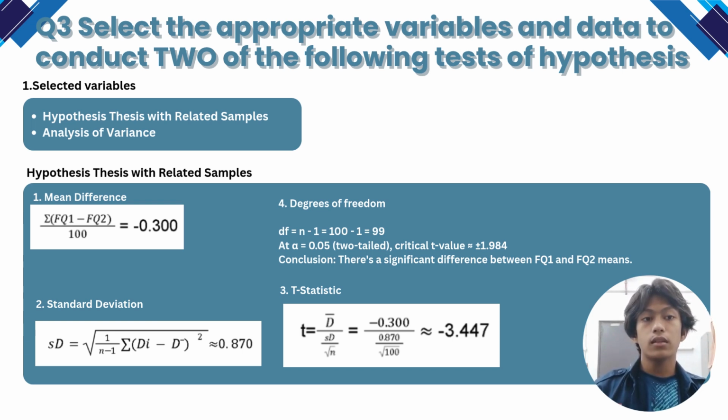Since our calculated t-value of minus 3.447 had an absolute value greater than 1.984, we rejected the null hypothesis. This means the difference between FQ1 and FQ2 is statistically significant and not due to chance.